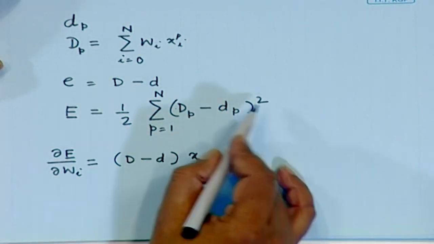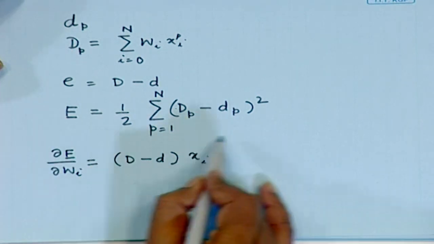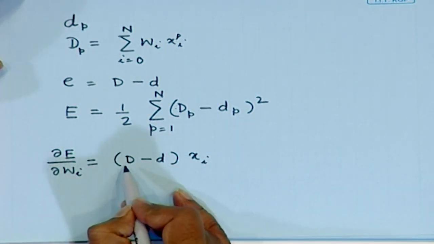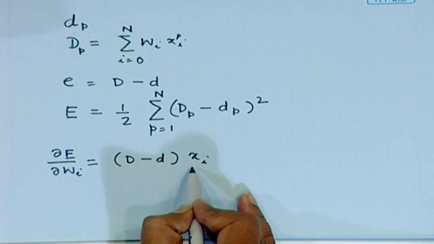Okay. If you differentiate this with respect to Wi, then what I get is d minus the actual output, where lowercase d is the target output. So, the target minus the actual output is the error that I can easily compute, into xi.